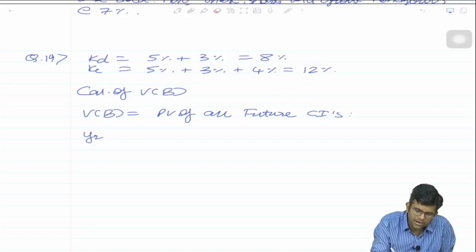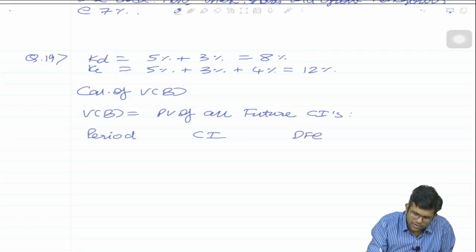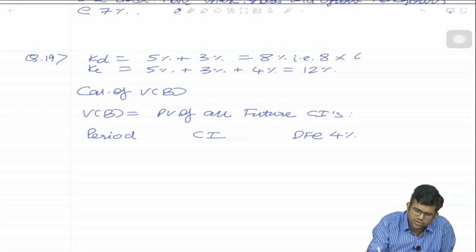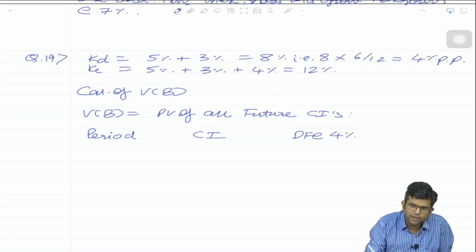I will not write year, I will write period. Cash inflow, discounting factor at the rate of 4%. That is 8 into 6 by 12, which is 4% per period. I hope you remember. And this will be the present value.